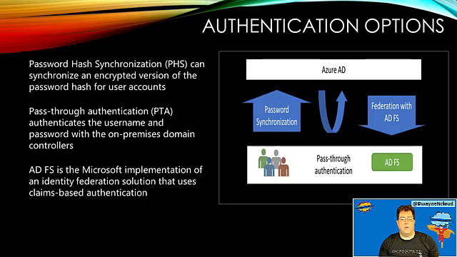There's pass-through authentication, which utilizes the on-premises Active Directory for the authentication to the domain. Once that's authenticated, they have access to their cloud services. And then we have federated services, which is the Microsoft implementation of identity federation. Microsoft becomes that federated identity provider and utilizes claims-based authentication as well.